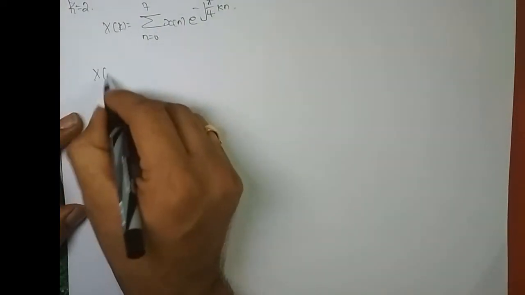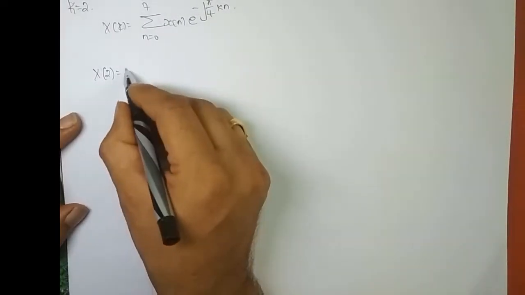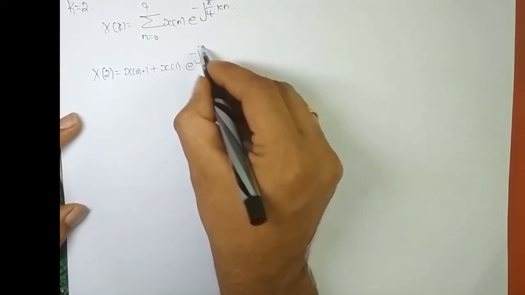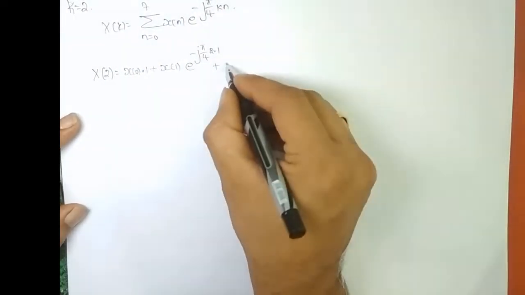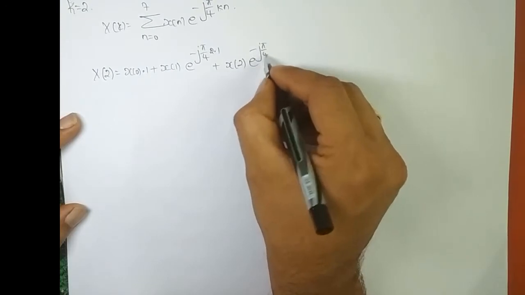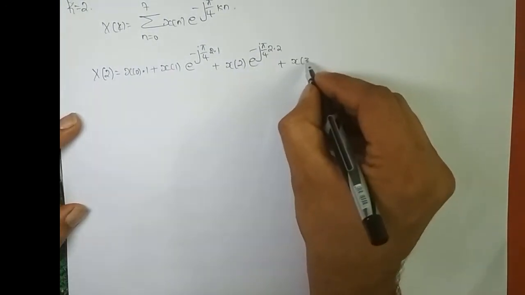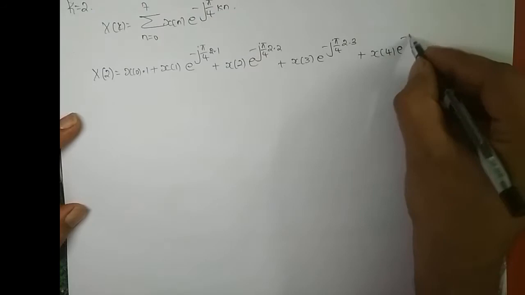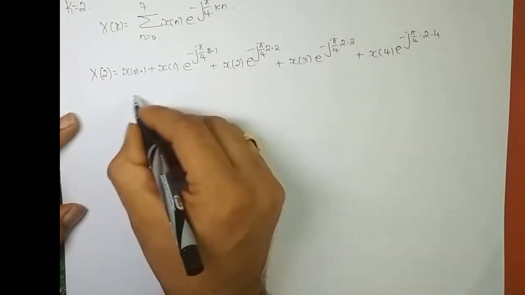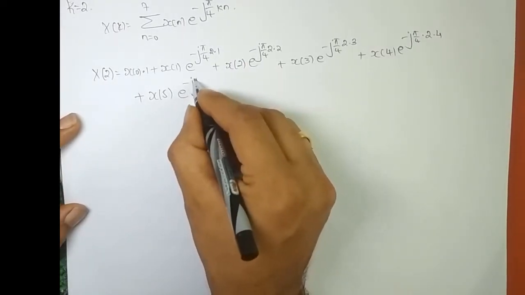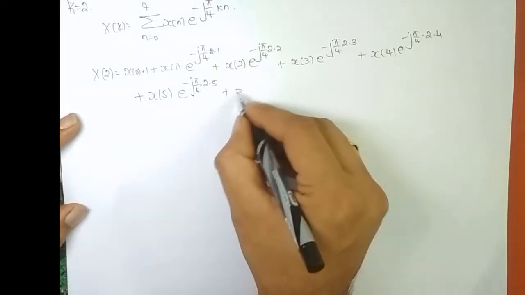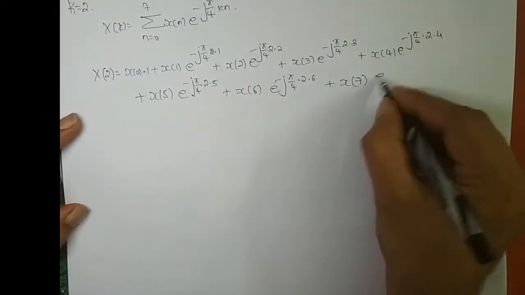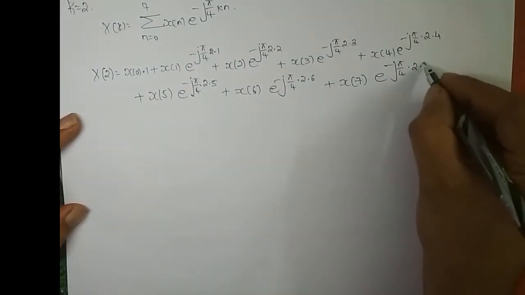So now since k is equal to 2, x of 2 is equal to, so I have to give values for n: x of 0 into, since n equal to 0, e power 0 is 1, plus x of 1 into e power minus j pi by 4 k is 2 n is 1, plus x of 2 into e power minus j pi by 4 k is 2 n is 2, plus x of 3 into e power minus j pi by 4 k is 2 n is 3, plus x of 4 into e power minus j pi by 4 k is 2 n is 4, plus x of 5 into e power minus j pi by 4 k is 2 n is 5, plus x of 6 into e power minus j pi by 4 k is 2 n is 6, plus x of 7 into e power minus j pi by 4 k is 2 and n is 7.